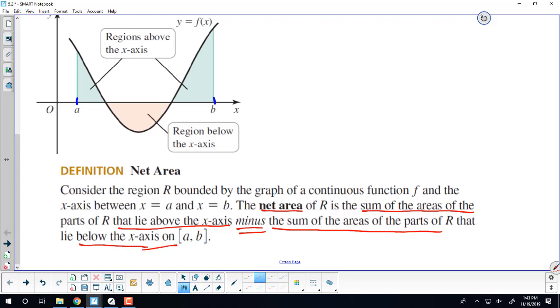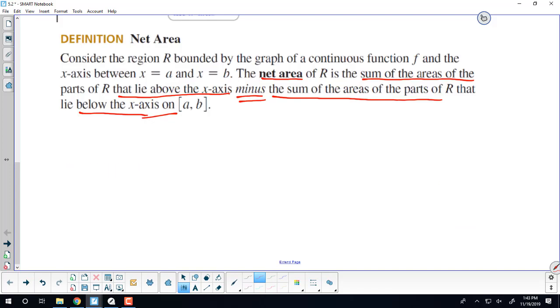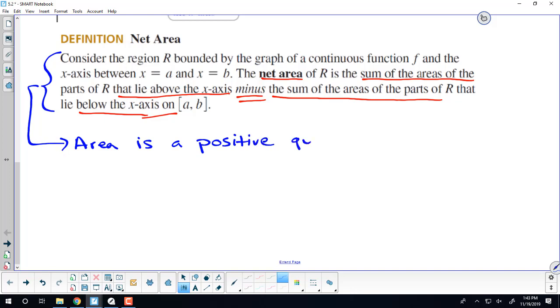And here, when they say area in this definition, area is a positive quantity.